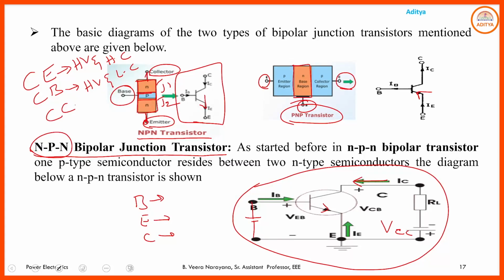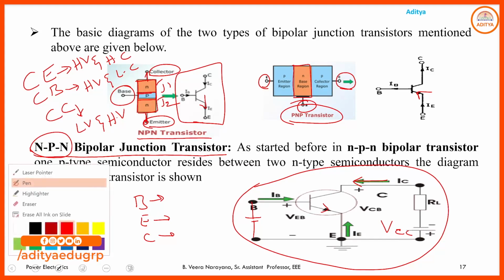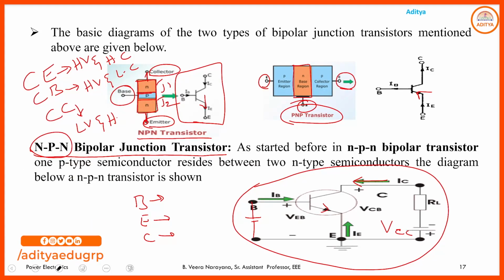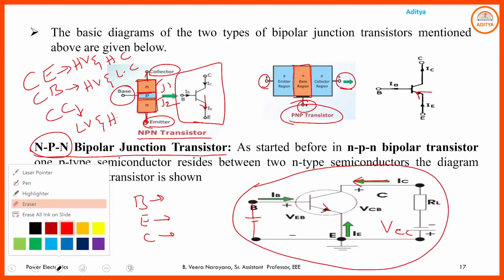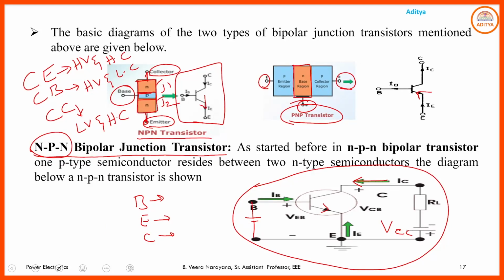And the common collector is used for low voltage and high current gain applications. In most power electronic circuits, the common emitter configuration gives high voltage gain and high current applications. So here we go with the common emitter configuration. Out of the three terminals, the emitter terminal acts as the input terminal.